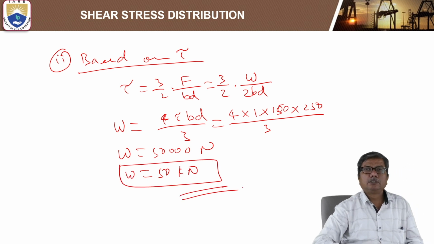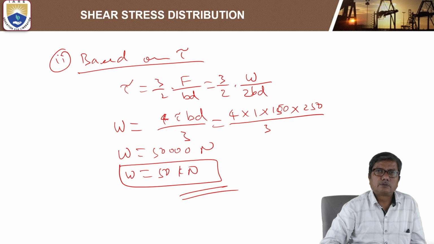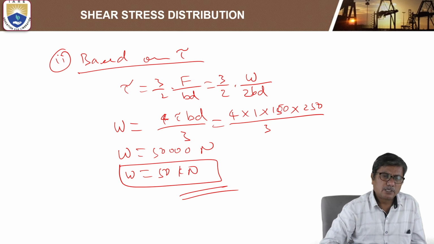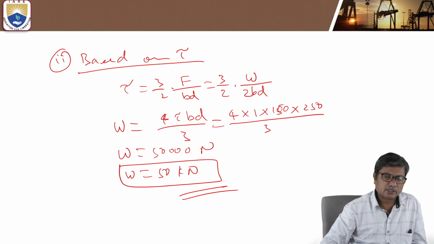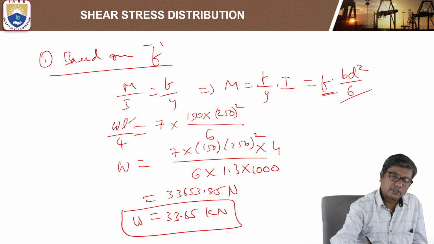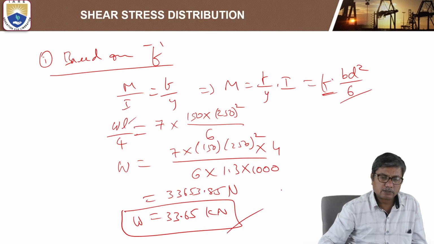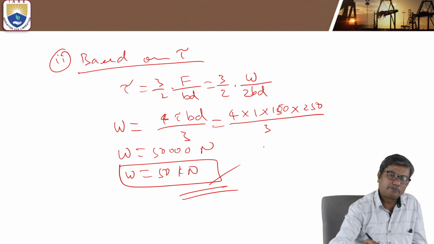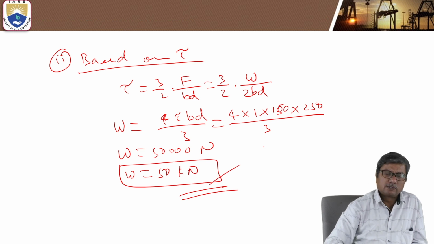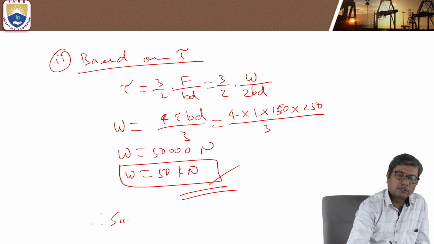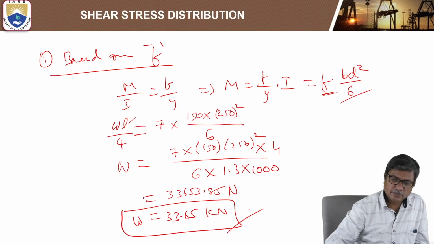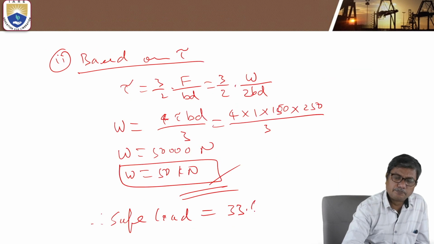So the limiting value of W is the least of these two loads. Therefore, the safe load is equal to 33.65 kilonewtons.